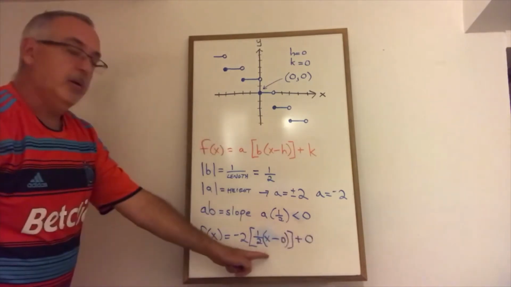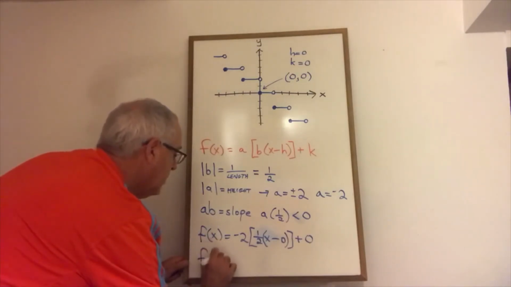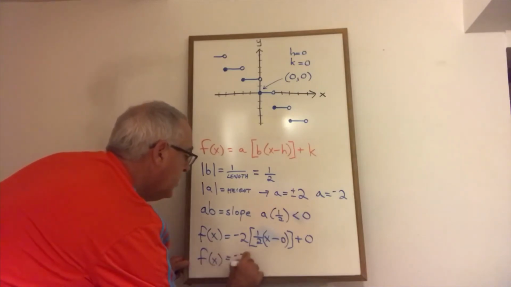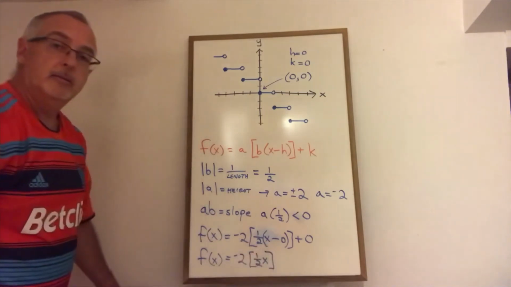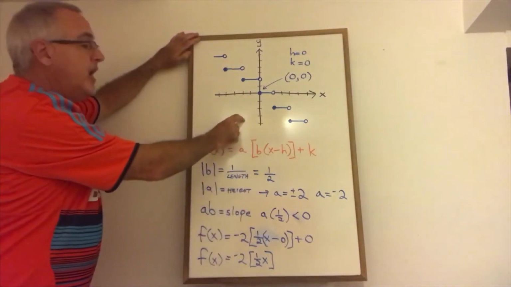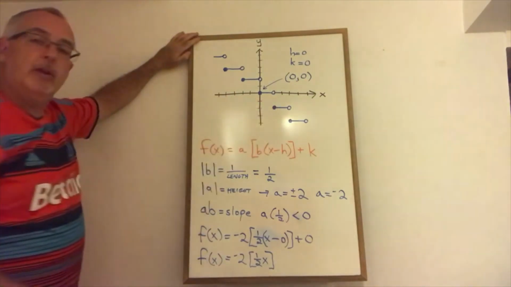So therefore, this equation can be written more simply like this. We have found the equation of this step function by using our knowledge of the parameters and all of the clues that are given to us on the graph.